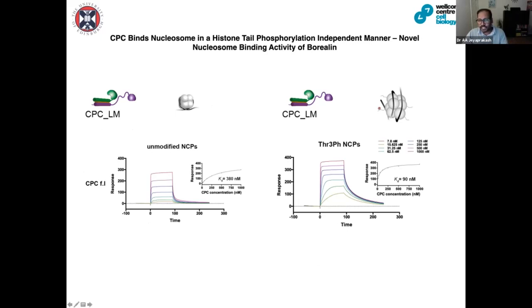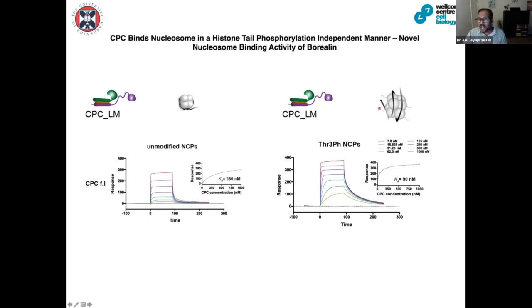Using surface plasmon resonance experiments, we measured the binding affinities of CPC for unmodified nucleosome and phosphorylated nucleosome, and it showed that CPC binds unmodified nucleosomes with about 380 nanomolar affinity, and phosphorylated nucleosome with about 90 nanomolar affinity.